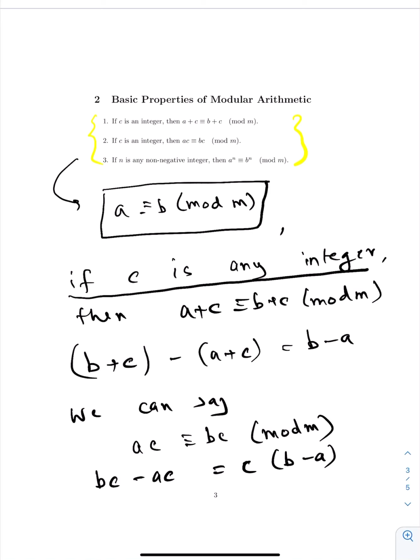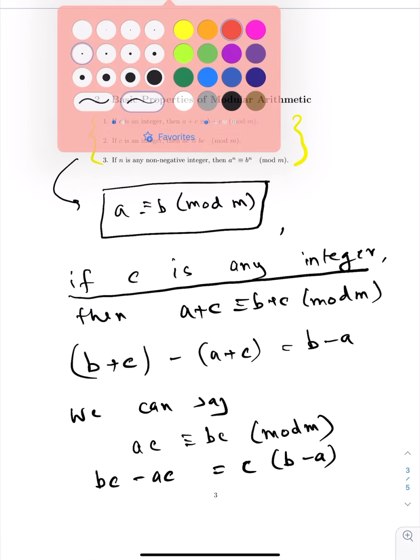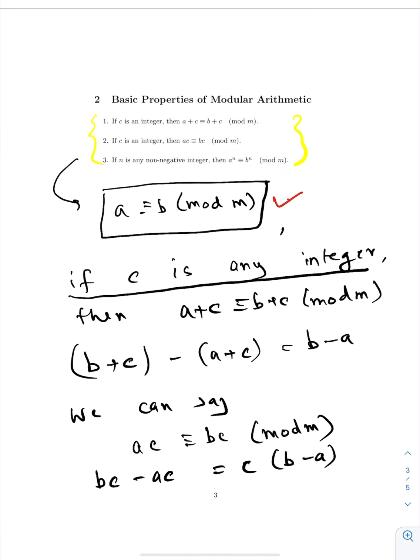The property definition already assumes that a is congruent to b modulo m, so b minus a has to be divisible by m. So if b minus a is divisible by m, then this thing is also divisible by m.